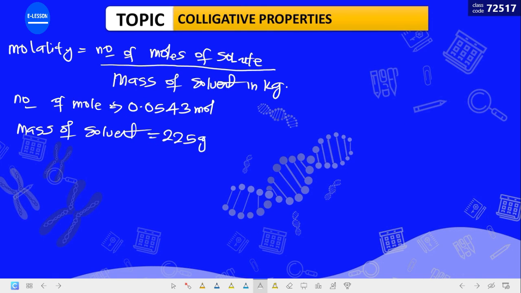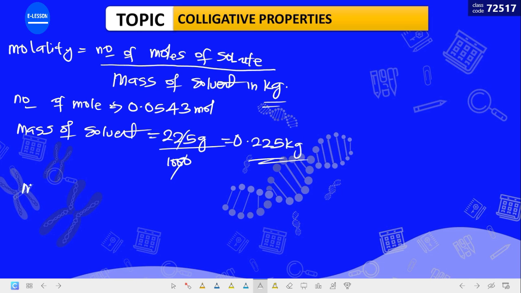Now note that in the formula for molality, your mass of solvent must be in kg, so we convert 225 gram to kg by dividing by 1000. When you divide this, it will give us 0.225 kilogram.